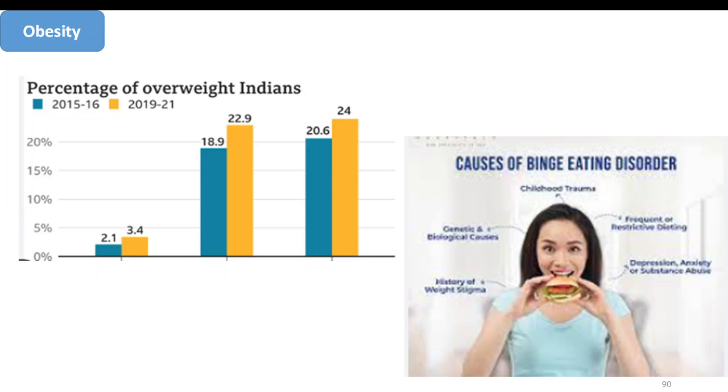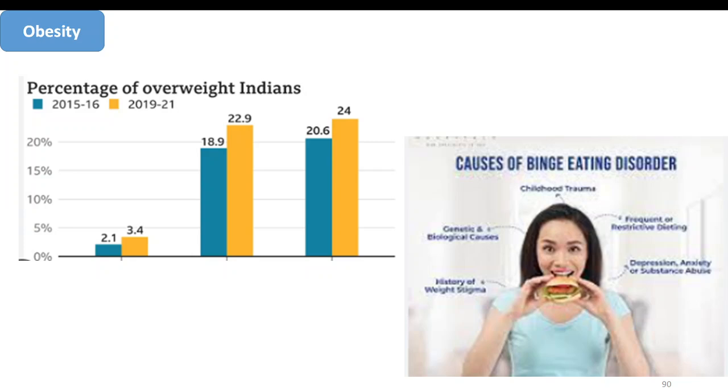Another reason could be, of course, depression or anxiety disorders, or substance abuse, which might put you into more eating than what the body needs. Biologically or genetically, we may have inherited some such genes, referred to as fat cells, which are by nature designed to consume more than what we would need.